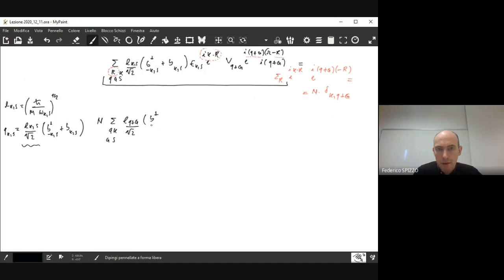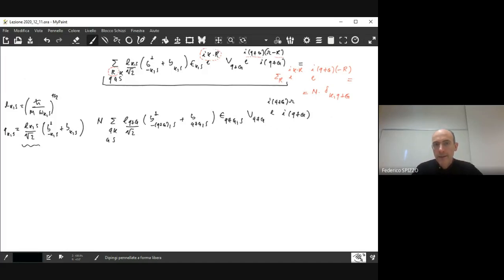Then I have B cross minus Q plus G S plus B Q plus G S, E Q plus G S. Then I have V Q plus G. There is an additional phase over the R coordinate, and then I have I Q plus G.